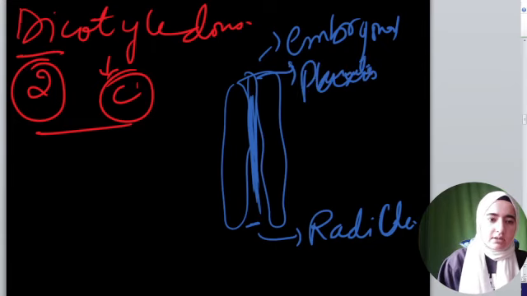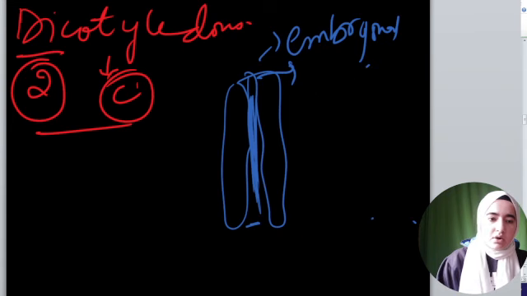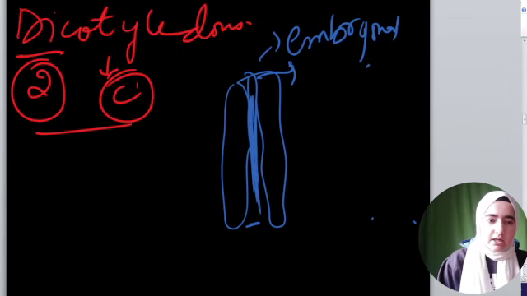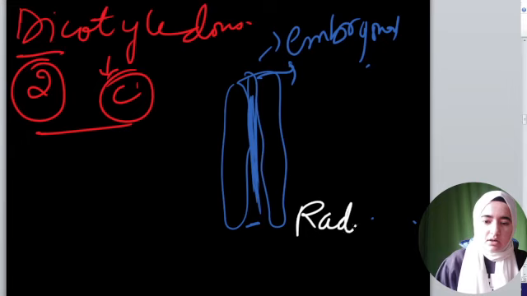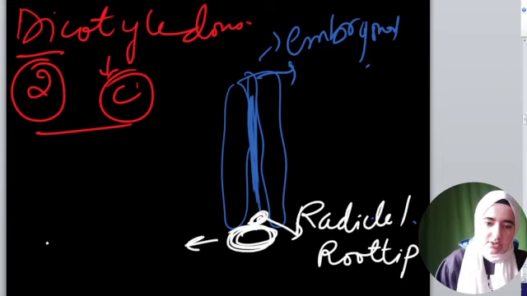Sorry, I'll write it down. On its lower side it has radicle, or we can say root tip, which is covered by a cap-like structure. That cap-like structure is known as root cap.